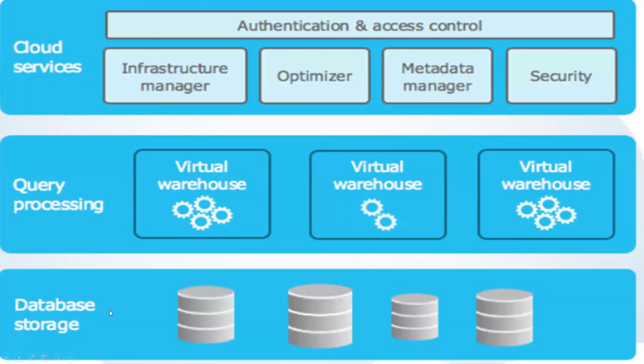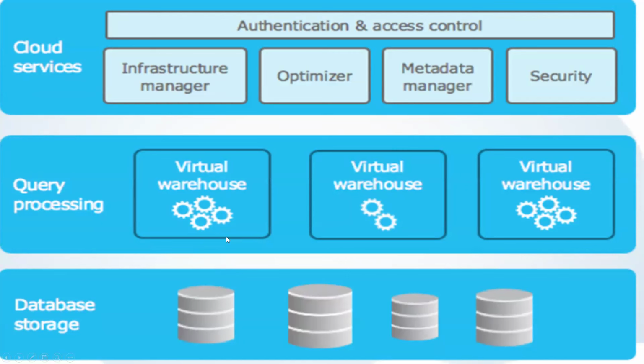I can independently increase my storage capacity without even touching my virtual warehouses. For example, thousands of users are logged in at the same time and running queries. What will happen? I can scale up my compute power without even worrying about my data storage.